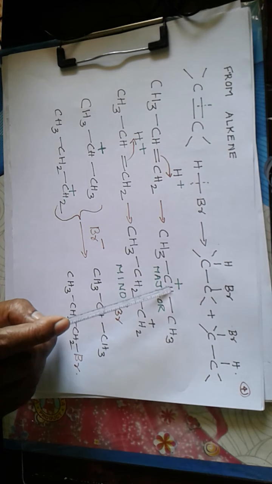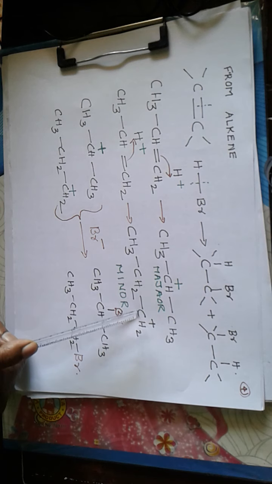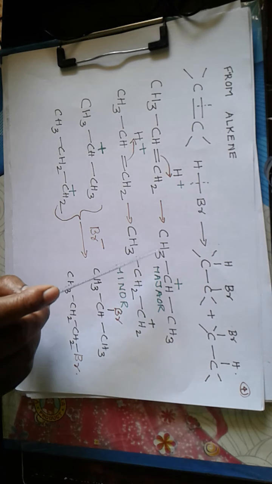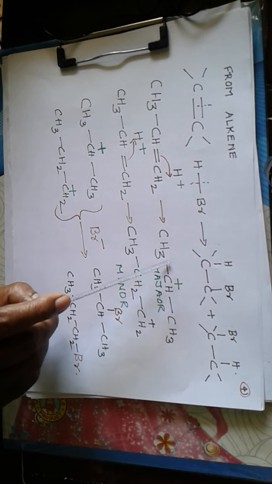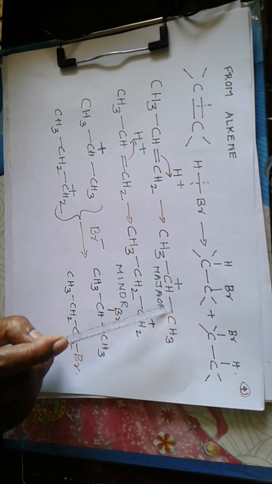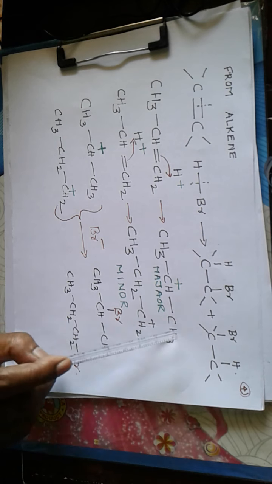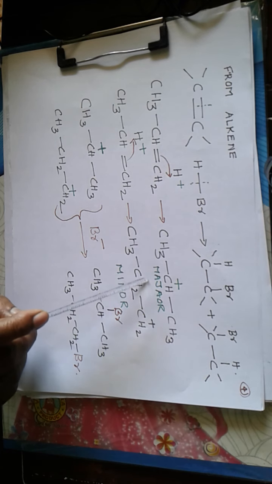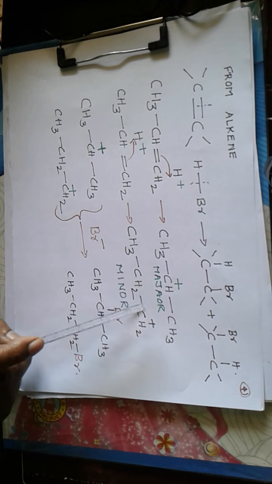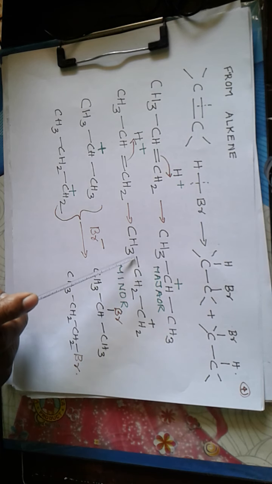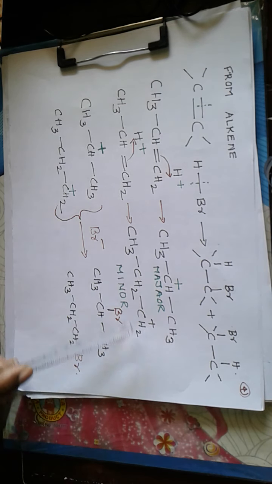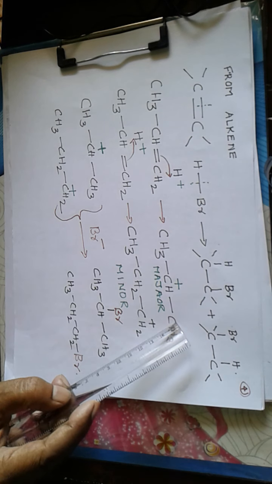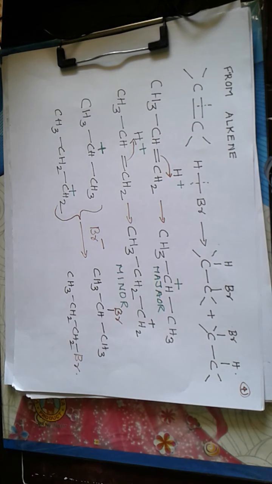A secondary carbocation is more stable than a primary carbocation, because there are 3 plus 3, 6 hyperconjugation canonical structures, and the inductive effect of two methyl groups which can share this positive charge, whereas here there are only two hyperconjugation canonical structures and the methyl group transmitted through this carbon chain. So this is less stable, so that this is formed to a lower extent. If this is 80%, it will be only 20%.